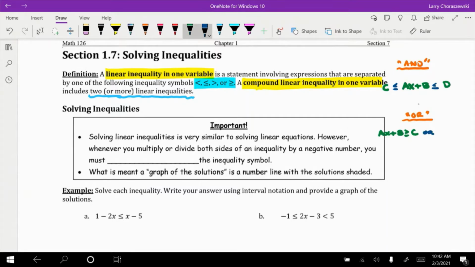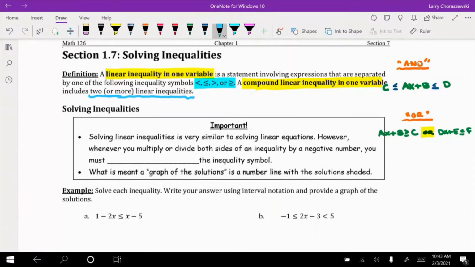And we'll usually include the word or. And I'll say dx plus e, and I'll change the symbol to maybe less than or equal to f. But the major difference is that we have separation by the word or, and the inequality symbols can be any mixture, to be honest with you.